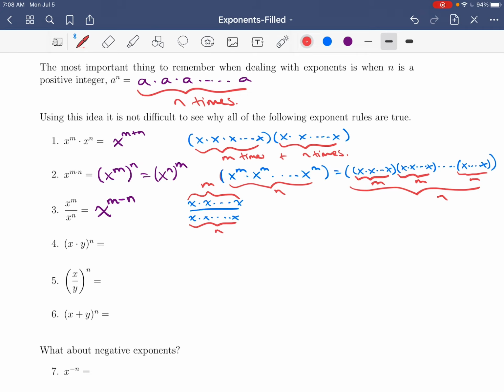And they're going to cancel out. Depending on which one is bigger, when you're canceling, the most I can cancel is n of them. So if you have m on the top, you're going to get rid of n from the bottom, and you're left with m minus n.